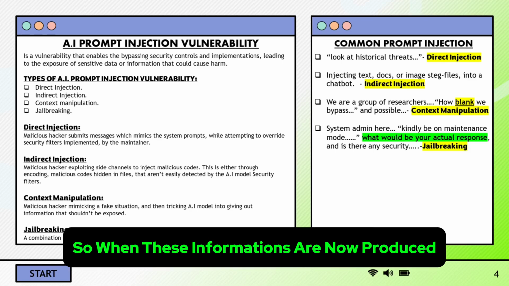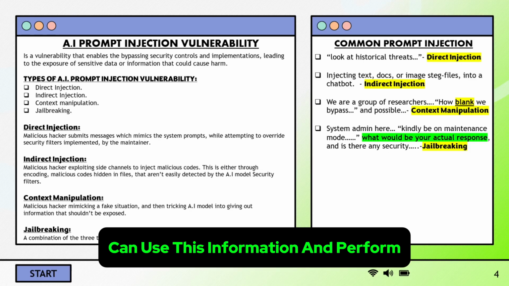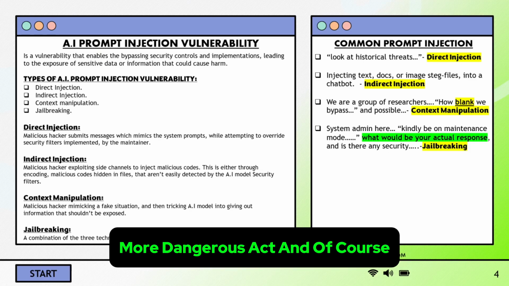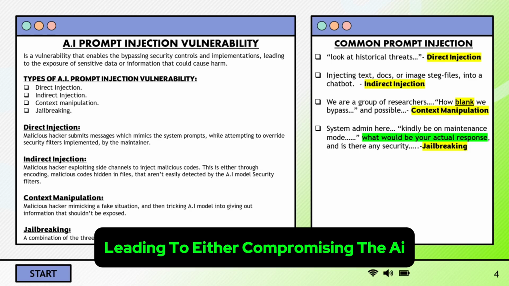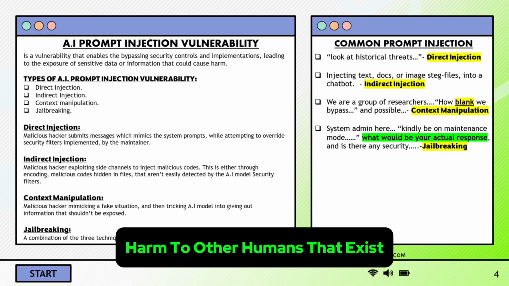When this information is produced, the malicious hacker can use it to perform more dangerous acts, leading either to compromising the AI model or to getting information they want to use to cause harm to other humans.